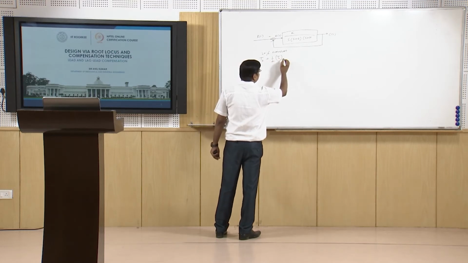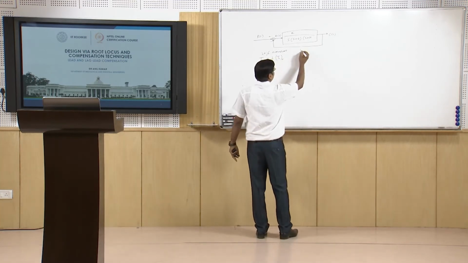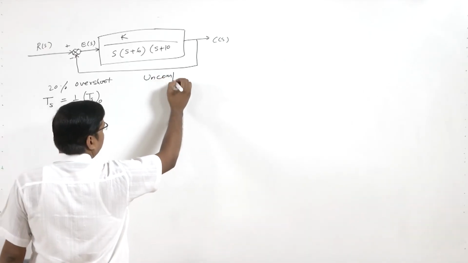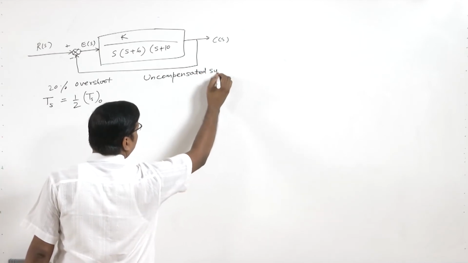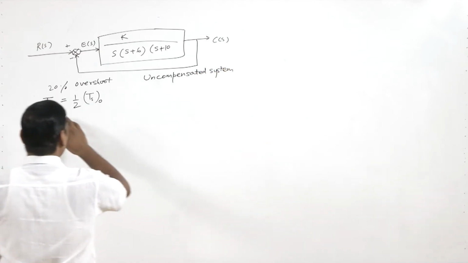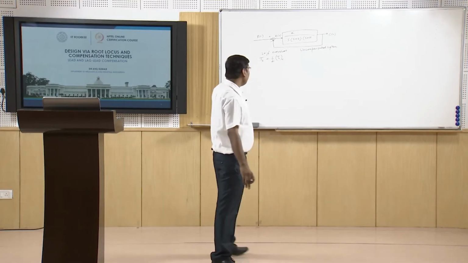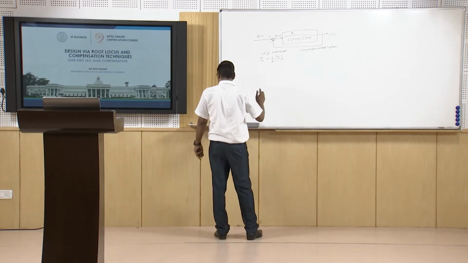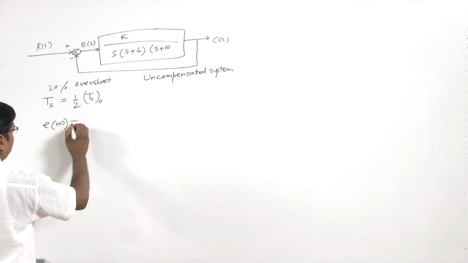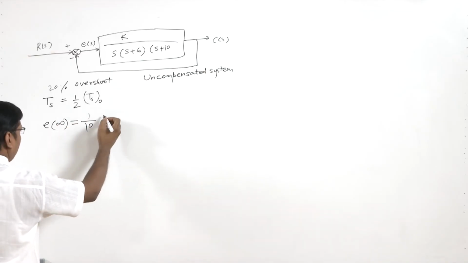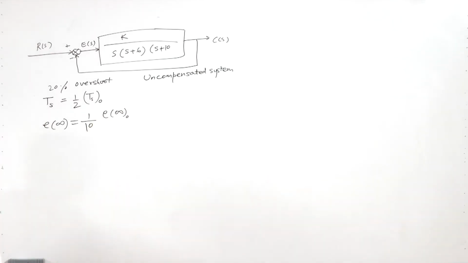If I say Ts0 is the settling time of the uncompensated system, we design so that we get a reduction in the settling time, that is half, and we want the steady state error to be 1/10 of the steady state error of the uncompensated system.